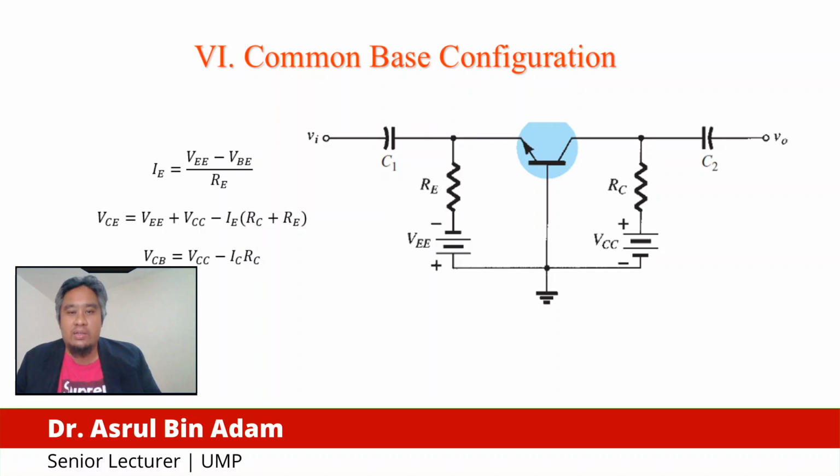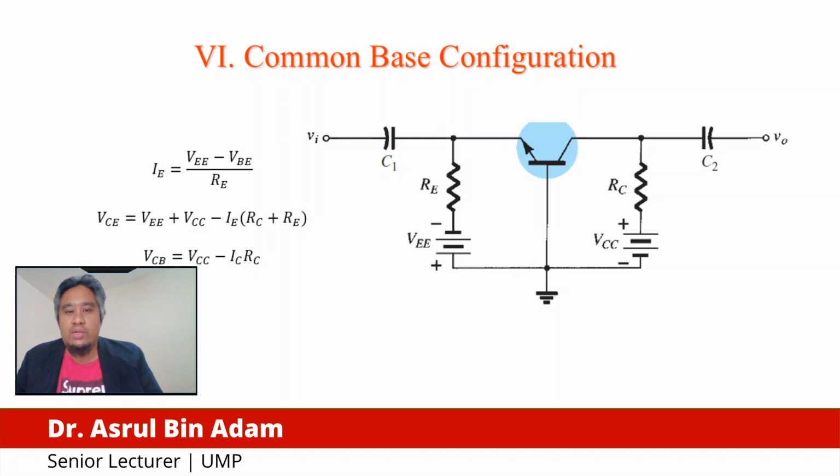Then we have RE, and VEE, a voltage source at the emitter, and a VCC voltage source at the collector, then RC. On the right side we have capacitor 2, and on the left side capacitor 1, and of course we have the input voltage and the output voltage.